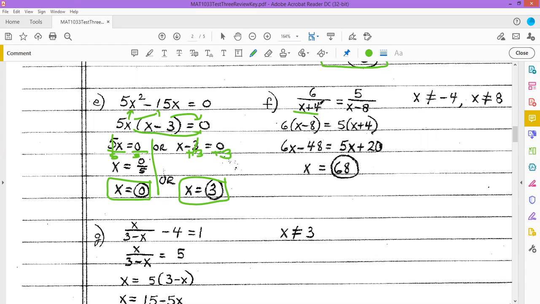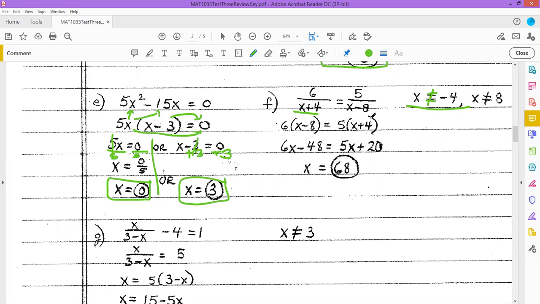We know that in the denominator of this first fraction, we have x plus 4. So what would make this denominator equal to 0? It would be negative 4. If x were negative 4, negative 4 plus 4 would make this denominator 0. And we know that can't happen. Therefore, when we solve this equation, we can't get negative 4 as one of our solutions.